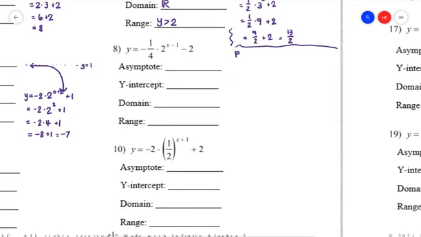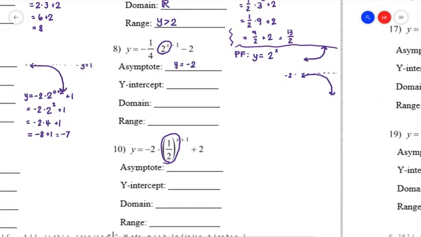Number 8, parent function, y equals 2 to the x. We find that just by taking whatever is being raised. So like here, it'd be 1/2 to the x. And so if it's a whole number, it's growth. I have a negative in the front, so my function will be reflected, and my asymptote will move down 2. So y equals -2 is my asymptote.